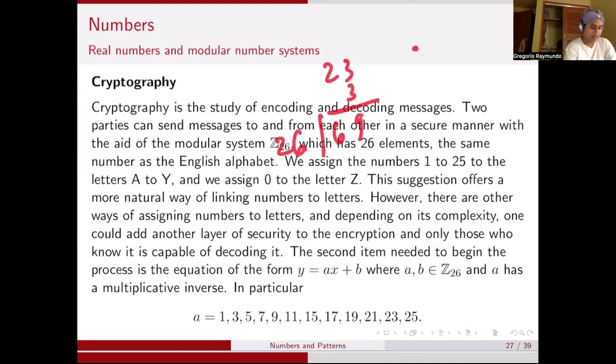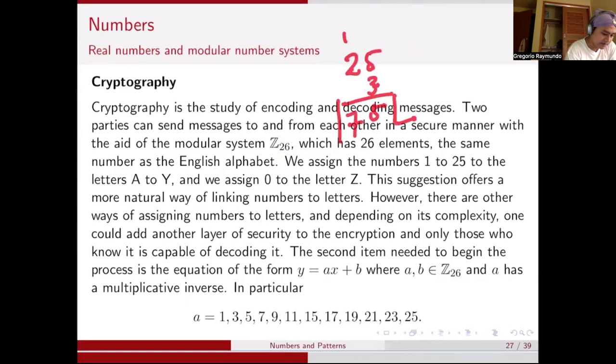Hindi yata 23 ang inverse ni 3. Tingnan natin, 3 times 25. 5 times 3, 15. Carry 1. 3 times 2, 6, 75. 75 divided by 26. 26 times 3, 78, no? Hindi rin 25.